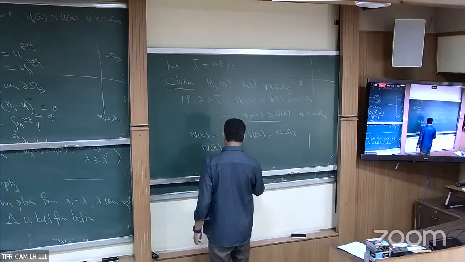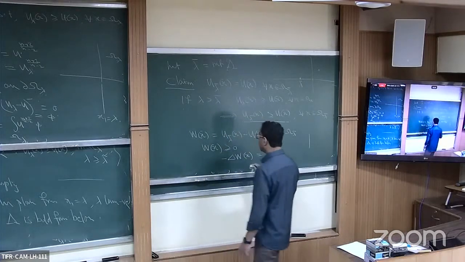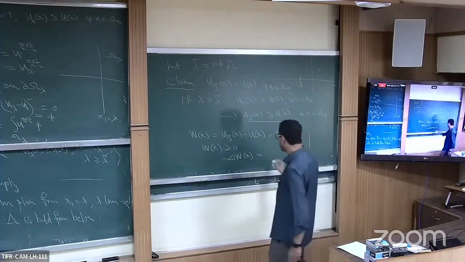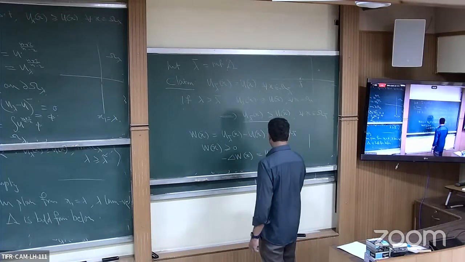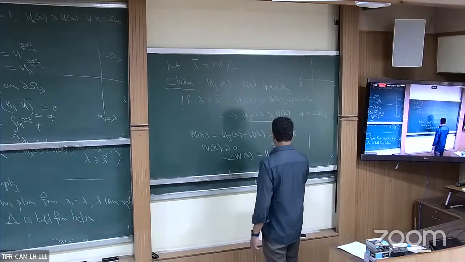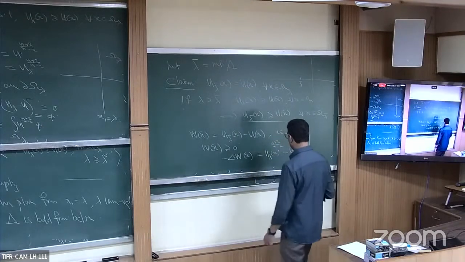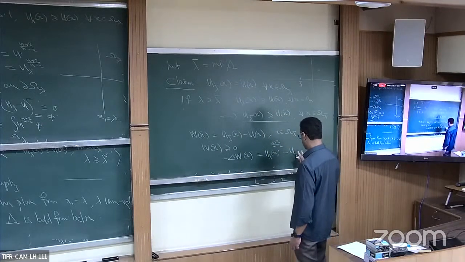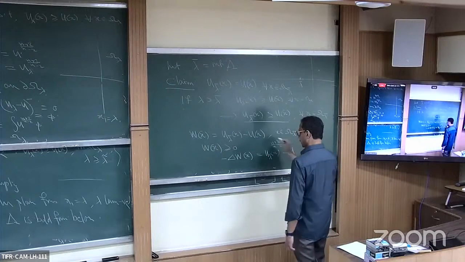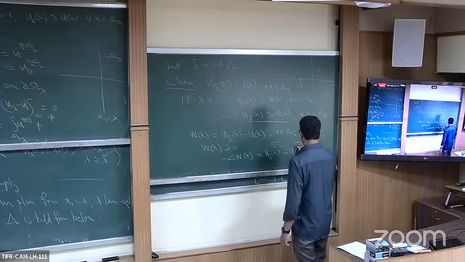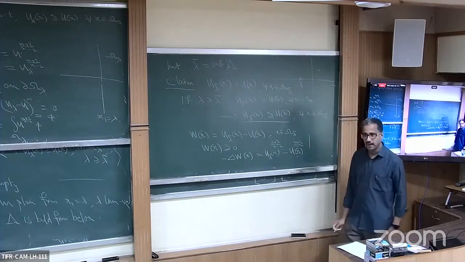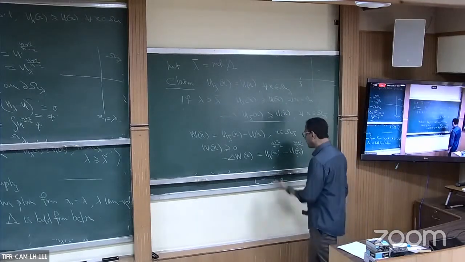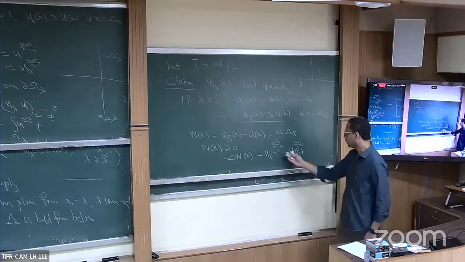Minus Laplacian of w of x is going to be equal to u lambda bar of x to the power (n+2)/(n-2) minus u of x to the power (n+2)/(n-2), right? So you now have that it is greater than or equal to 0.